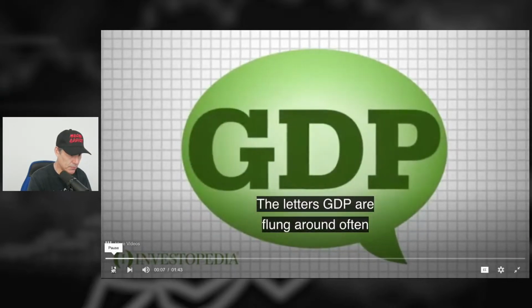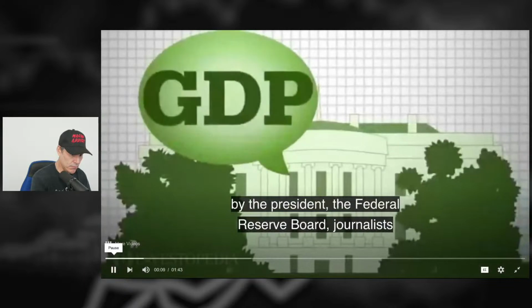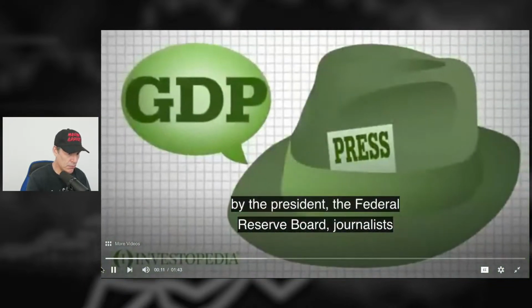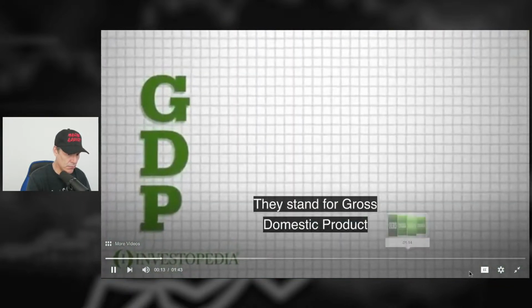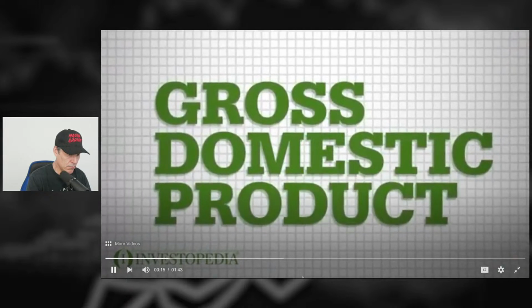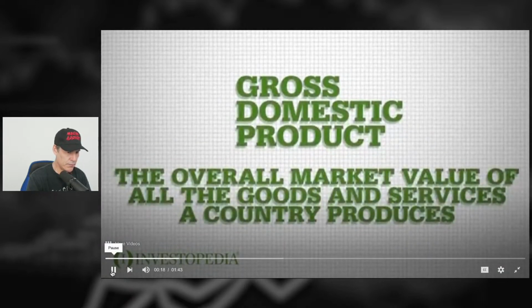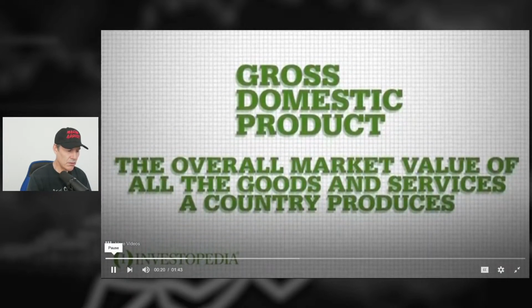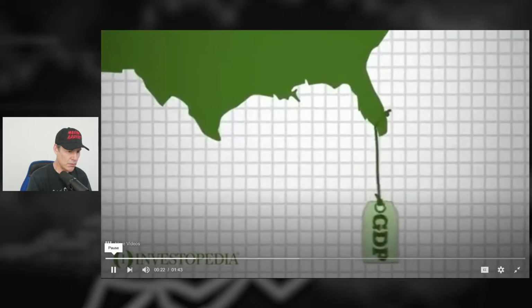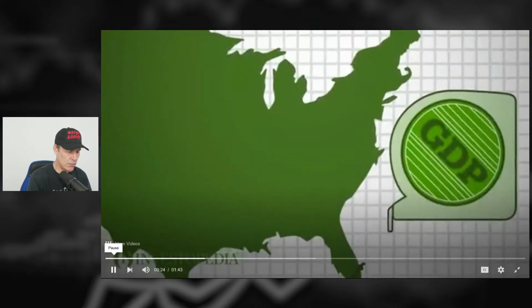The letters GDP are flung around often by the president, the Federal Reserve Board, journalists, and many others. They stand for Gross Domestic Product, which represents the overall market value of all the goods and services a country produces. In a way, it's like a price tag on a country's output, and it measures the size of the economy.